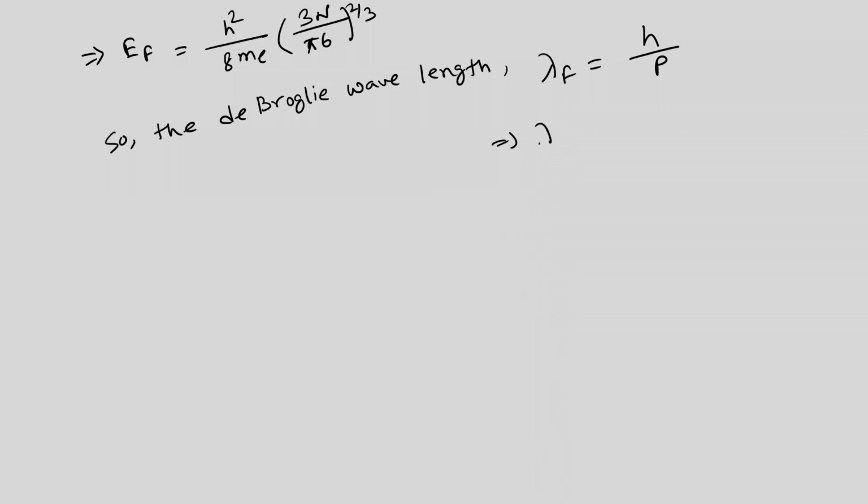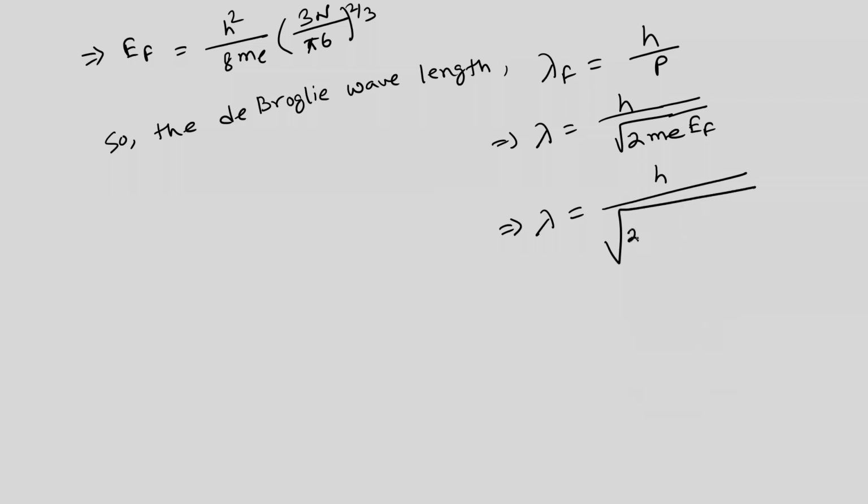So, we get lambda f is h by root over twice me times EF. So, we get lambda is h by root over twice m times h to the 2 by 8 me, where me is the mass of electron, times 3n by pi v to the 2 by 3.